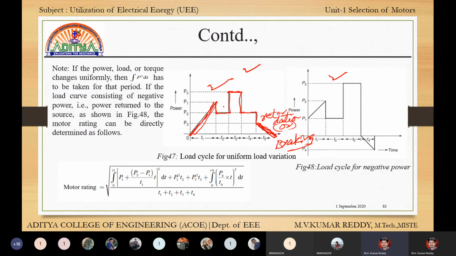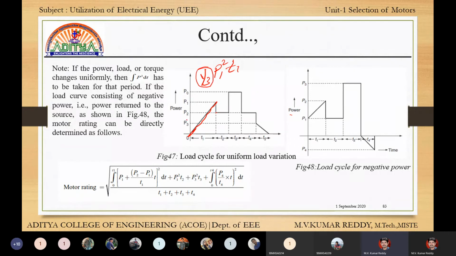The main difference between these two graphs is that the first graph starts from 0. Starts from 0 means we have to put 1 by 3 before P1 square T1. This is the formula.